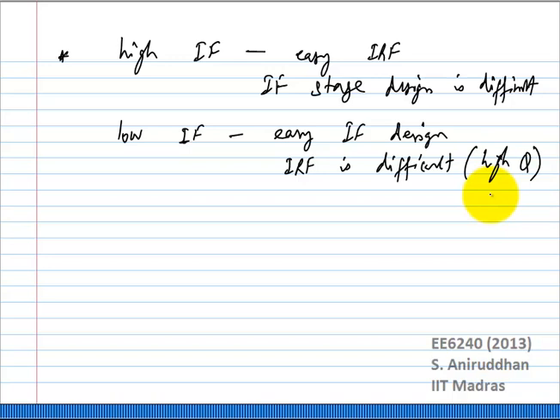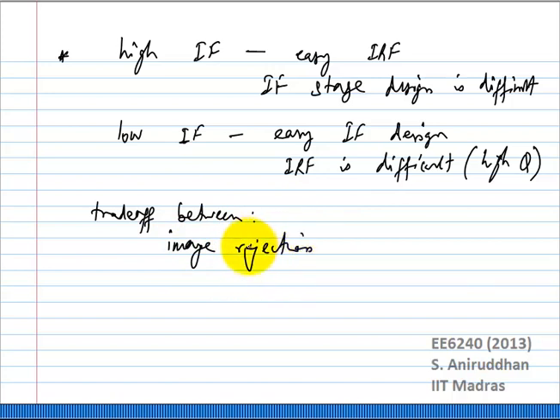So that is automatically a trade-off between channel selection, or selectivity, and image rejection. Image rejection will define the sensitivity, because if you have a larger image coming down on top of your signal, your sensitivity gets affected.